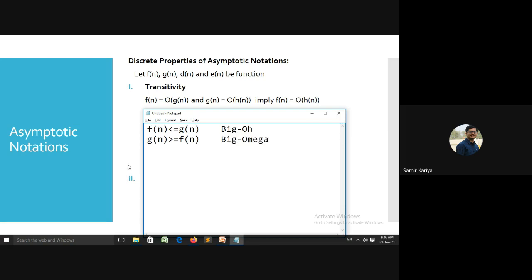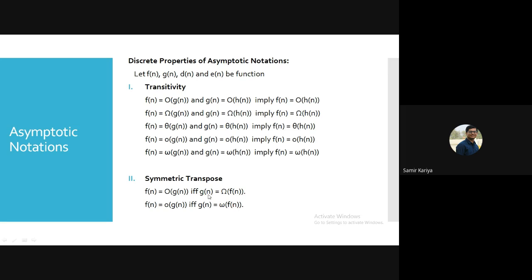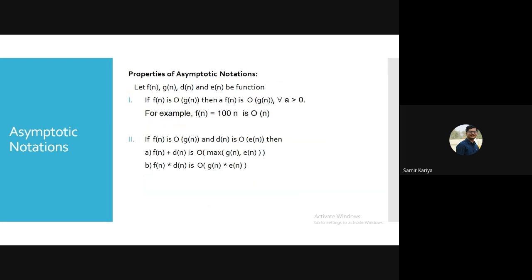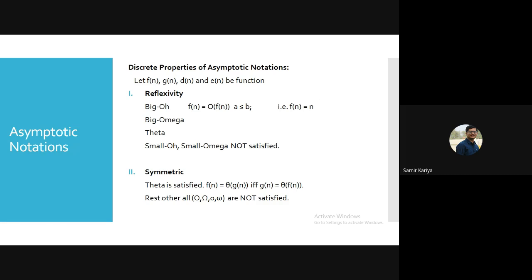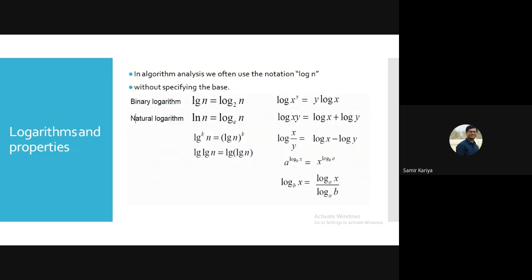So here the function given is f of n is order of g of n if and only if g of n is big omega of f of n. Similarly, small o and small omega. That's symmetric transpose. Okay, so these are the 4 properties of asymptotic notations: reflexivity, symmetric, transitivity, and symmetric transpose.